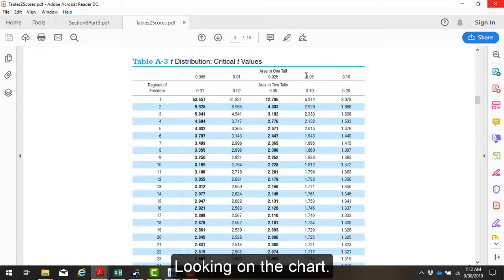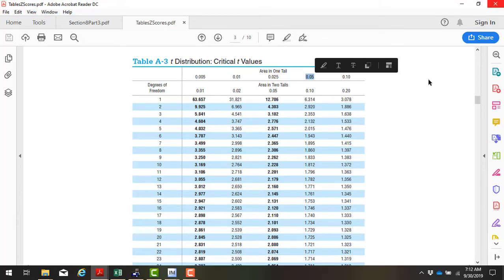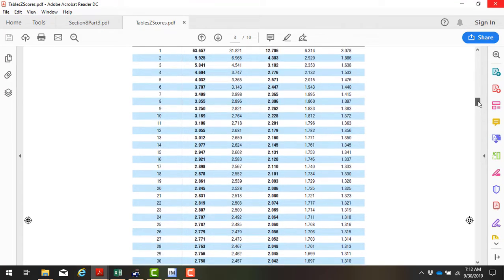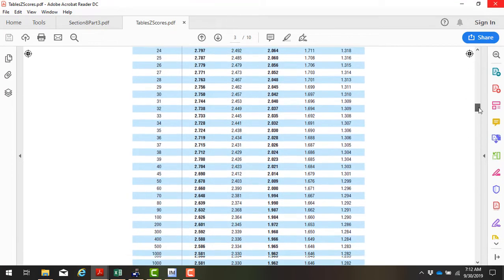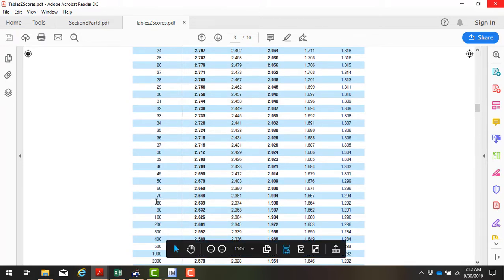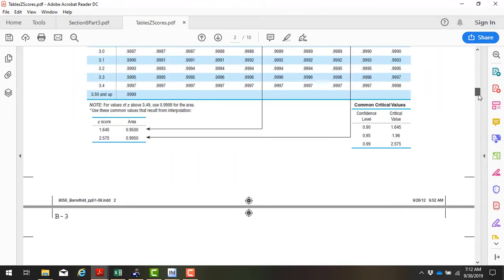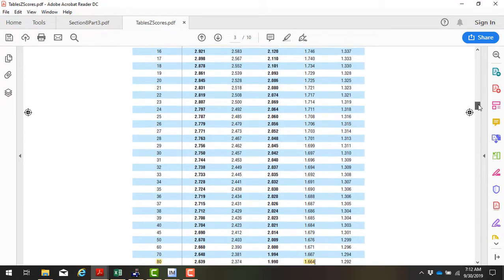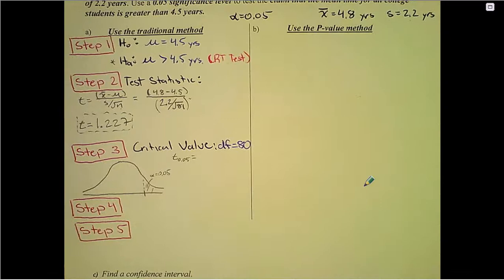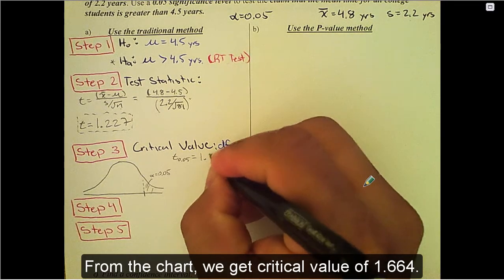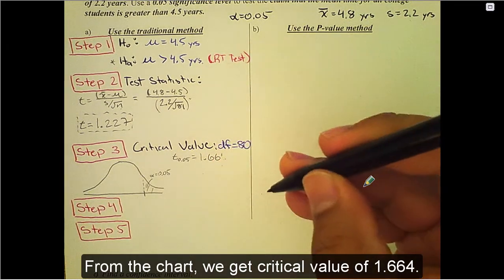Looking on the chart, from the chart we get critical value of 1.664.